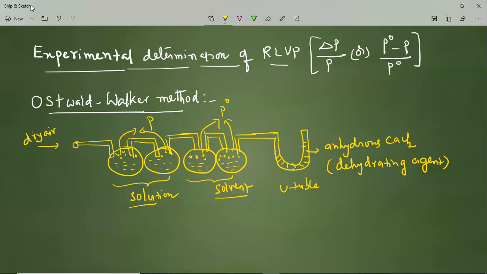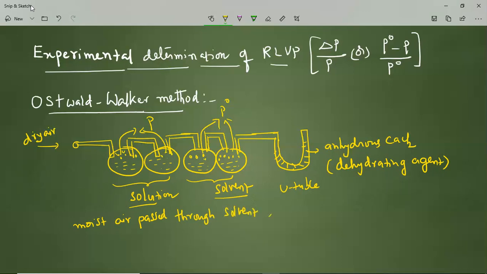So this moist air then passes through water, which I am calling the solvent.